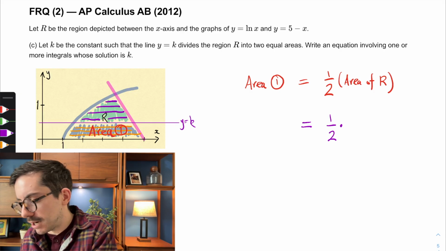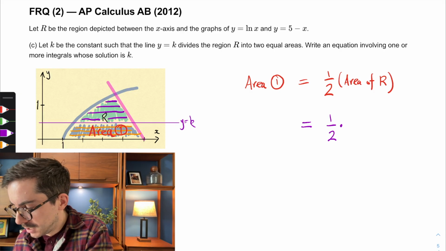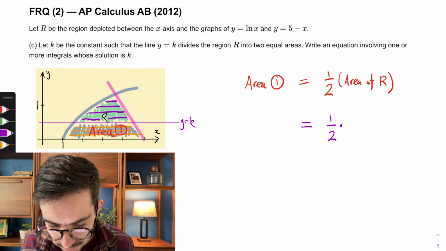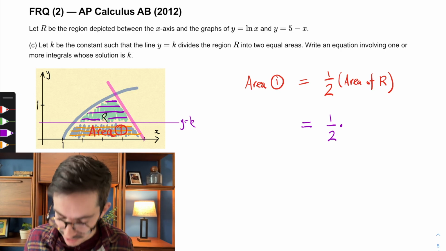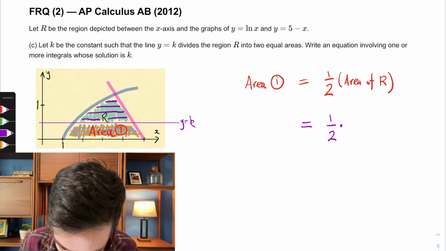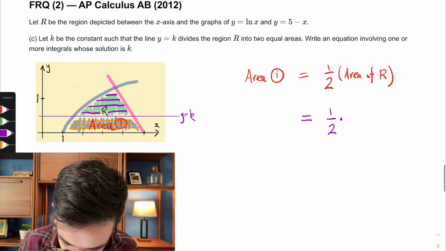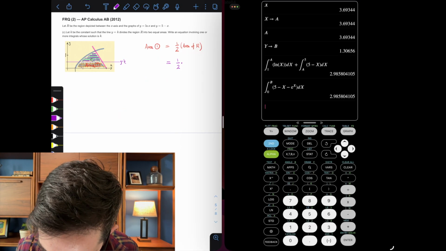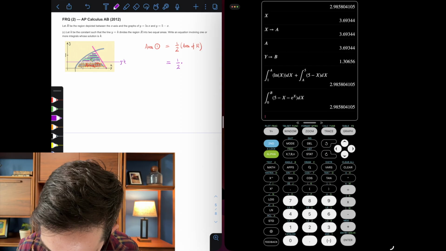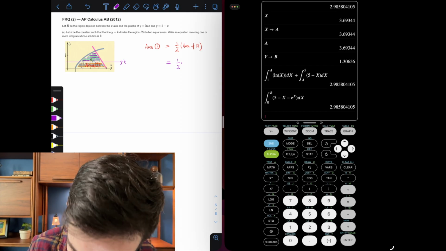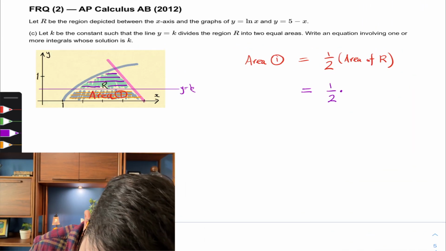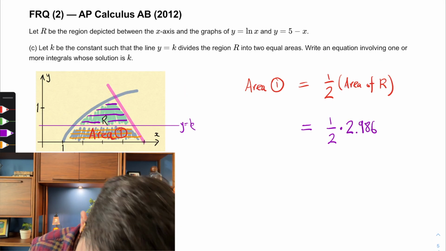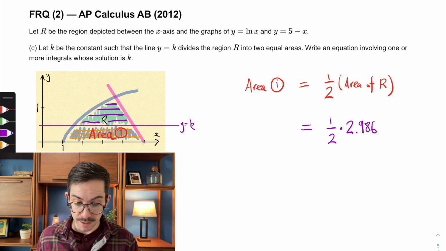You can pull up your calculator. I have it written down here. Okay, the area of R, oh, I don't have it written down here. Wonderful. Let me pull up my calculator. Oops. Okay, what was my area R? It was 2.986, rounding. So 2.986. That's going to be the right-hand side of my equation.